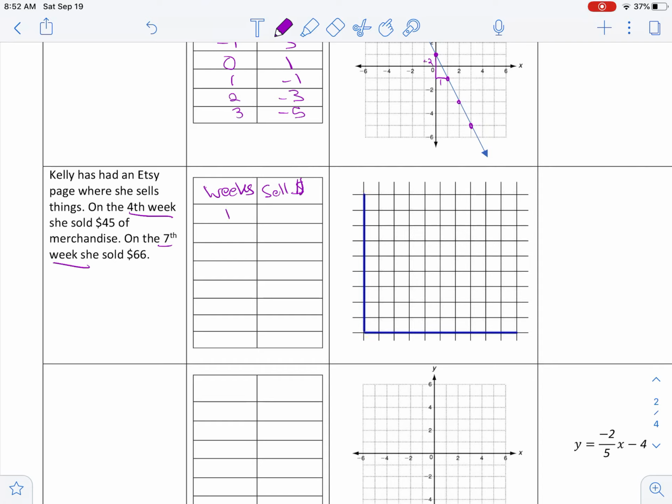Okay, so if I go 1, 2, 3, 4, 5, 6, 7, and actually what I'd like to do here, I want to move this down 1 and add 0 there, because it's nice to have the y-intercept or the starting point on the graph.